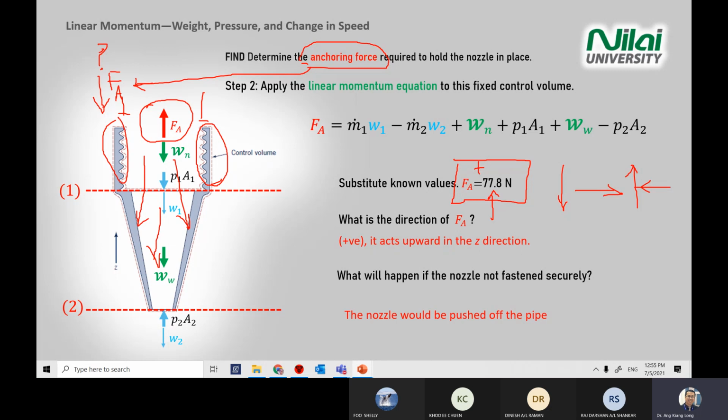What happens if the designer designed FA, the anchoring force, equal to 50 Newton? Or at 1000 or 100 Newton, what happens to the nozzle? You need to know how to answer.